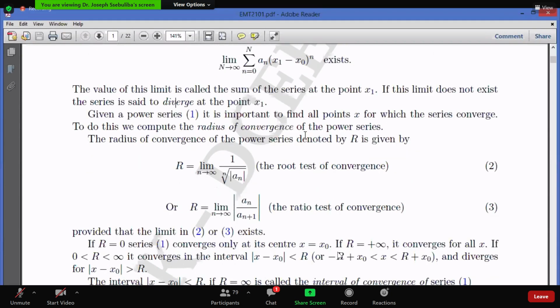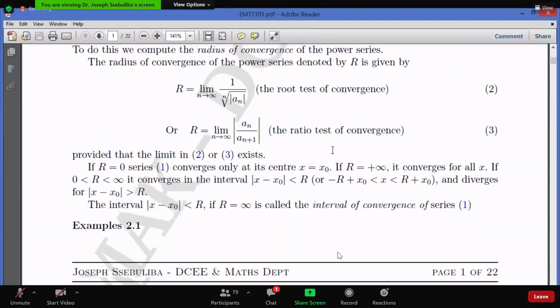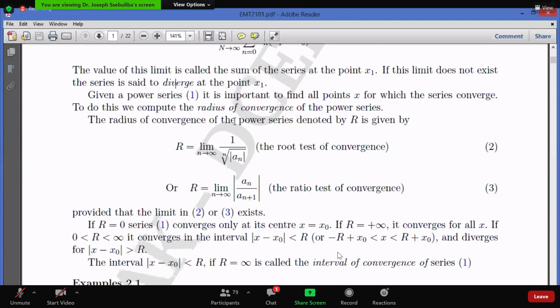Then, so this is the radius of convergence. And remember, we said, when do we compute this? We basically compute this one if we want to establish the points, or the would-be domain of the values that can be used. And for those values that are used, you want to know whether the series converges.